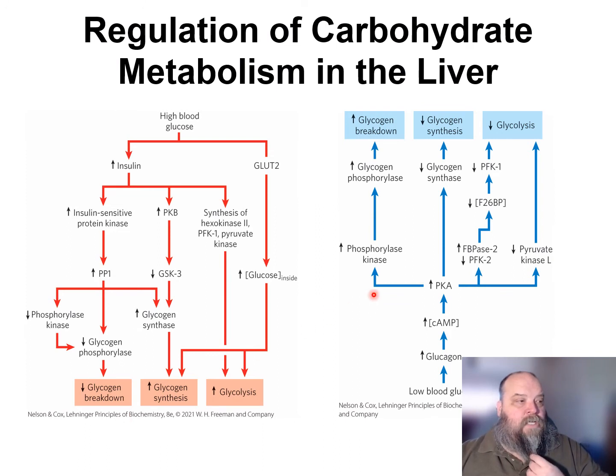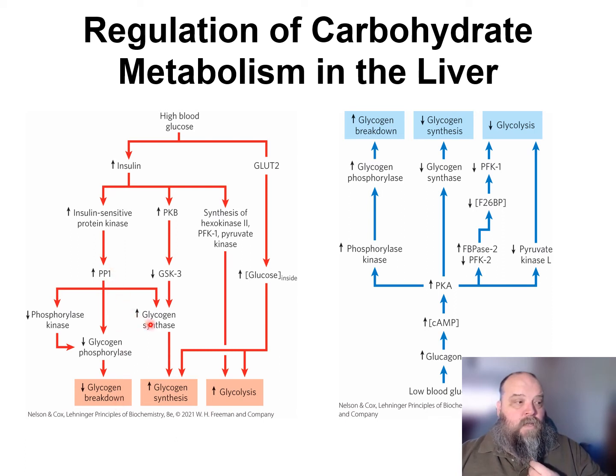When you look at the regulation of this, up, down, insulin-sensitive protein kinases will yield increased levels of active PP1. High levels of active PP1 means low levels of phosphorylase kinase. Low levels of phosphorylase kinase, decreased levels of glycogen breakdown.